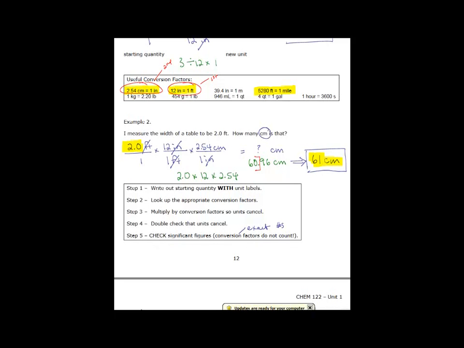For instance, for example 2, let's say you had, I'll write your work in purple. Let's say you had 2 feet over 1, 12 inches over 1 foot, and then you had 1 inch over 2.54.